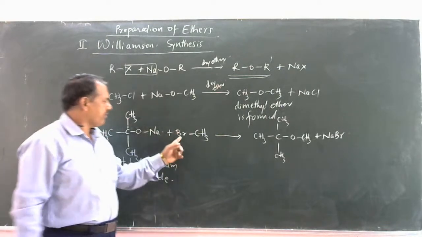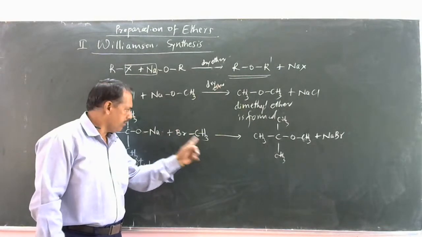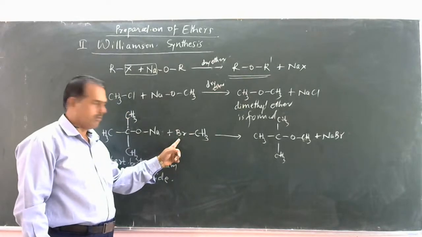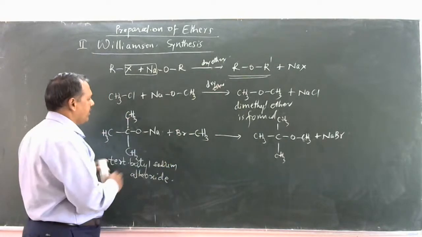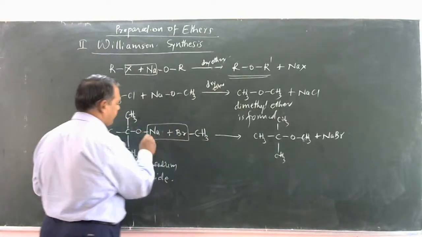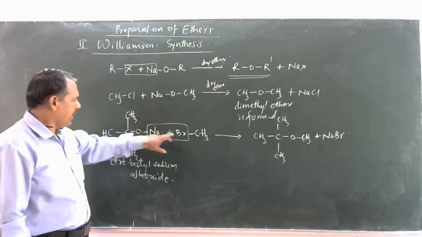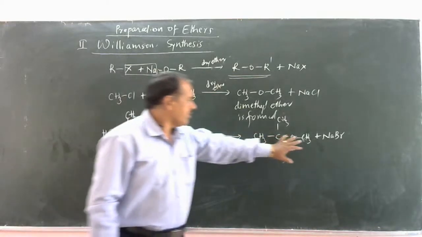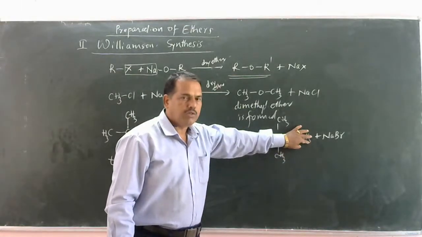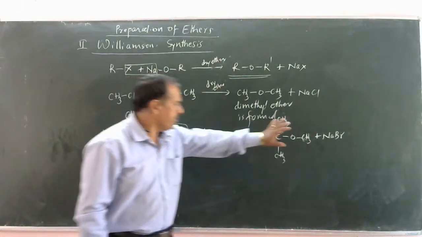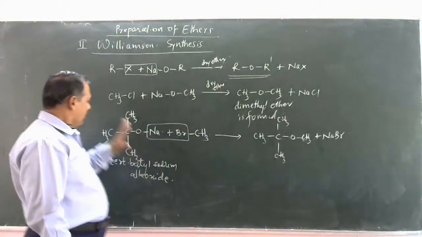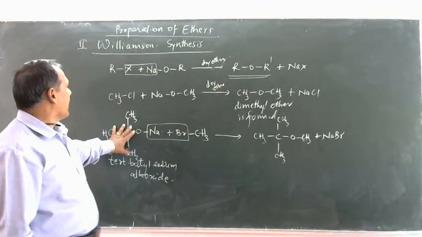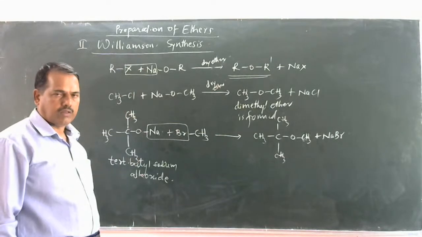When it reacts with an alkyl halide, particularly methyl bromide, we will get NaBr, and again tertiary butyl methoxy group is added there. So it is also like Williamson's ether synthesis.